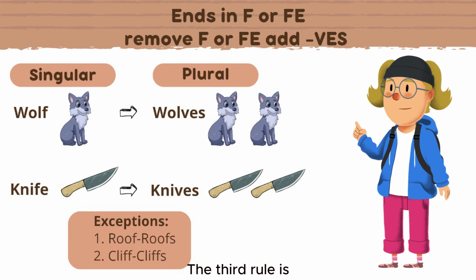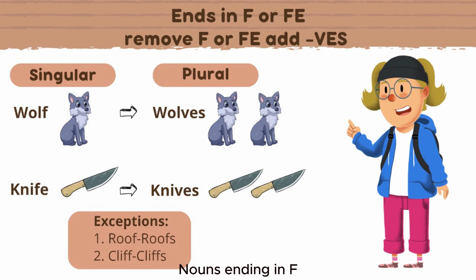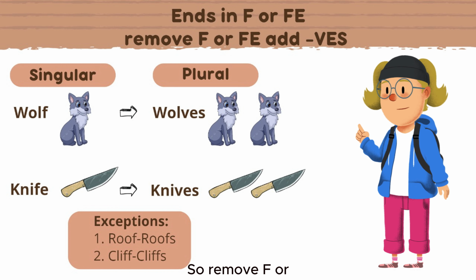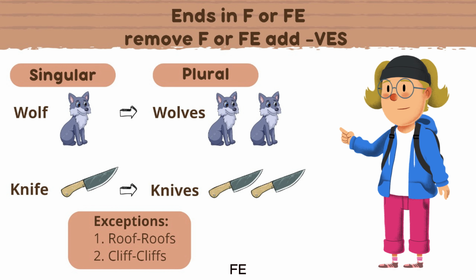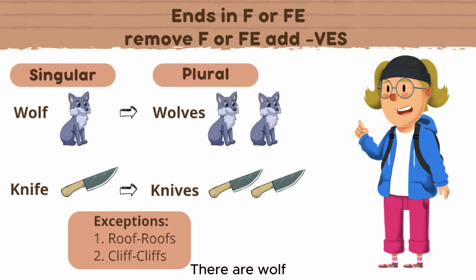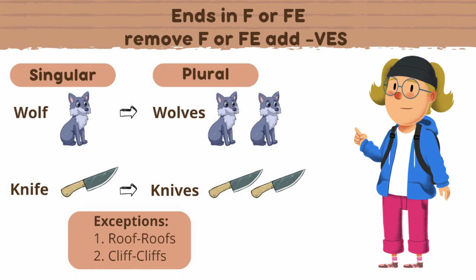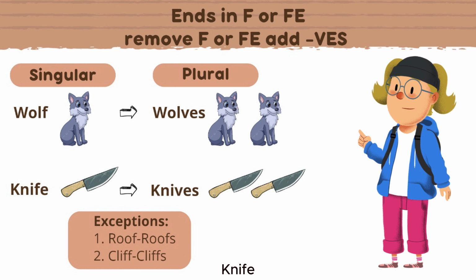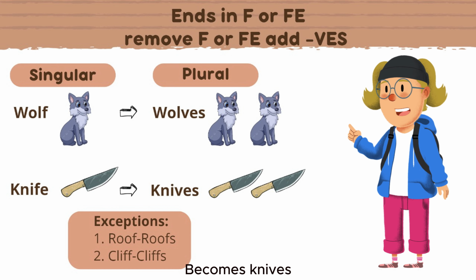The third rule is nouns ending in f or fe. So, remove f or fe, then replace or add ves. Okay, for example, wolf becomes wolves. Knife becomes knives.